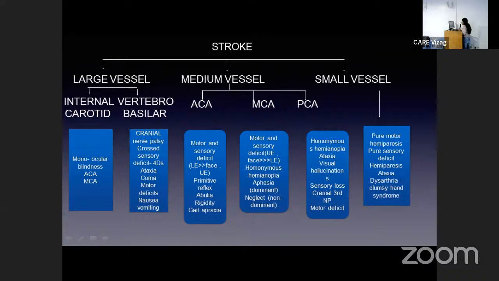If the dominant hemisphere is involved, you would find aphasia, and if the non-dominant hemisphere is involved, you'd find hemineglect. A PCA territory infarct would present with homonymous hemianopia or visual hallucinations and sensory loss or motor deficit. A small vessel infarct would be either pure motor or pure sensory deficit.